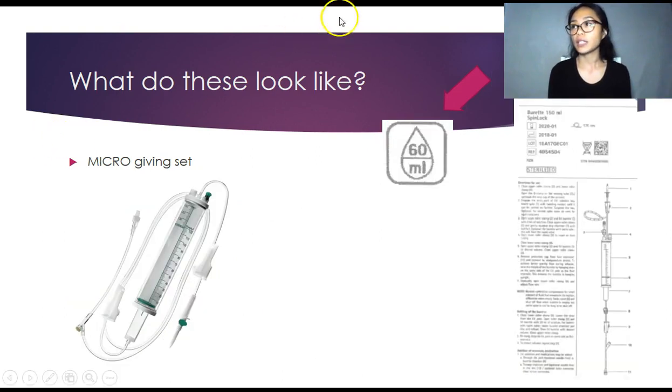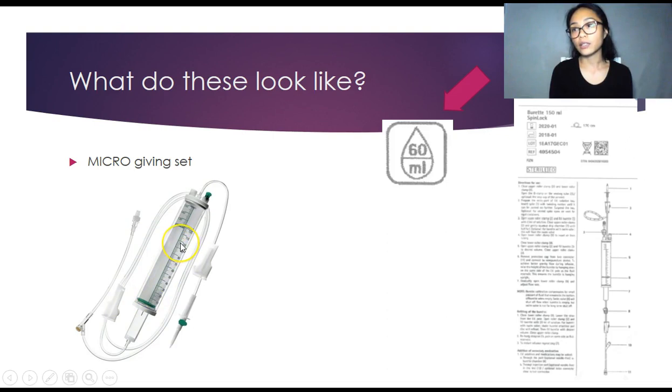Now a micro giving set. You'll be able to tell a micro giving set from a macro because it's got this large section called a burette, and that's a chamber where you can actually determine an accurate volume of fluid that you're administering at one time.